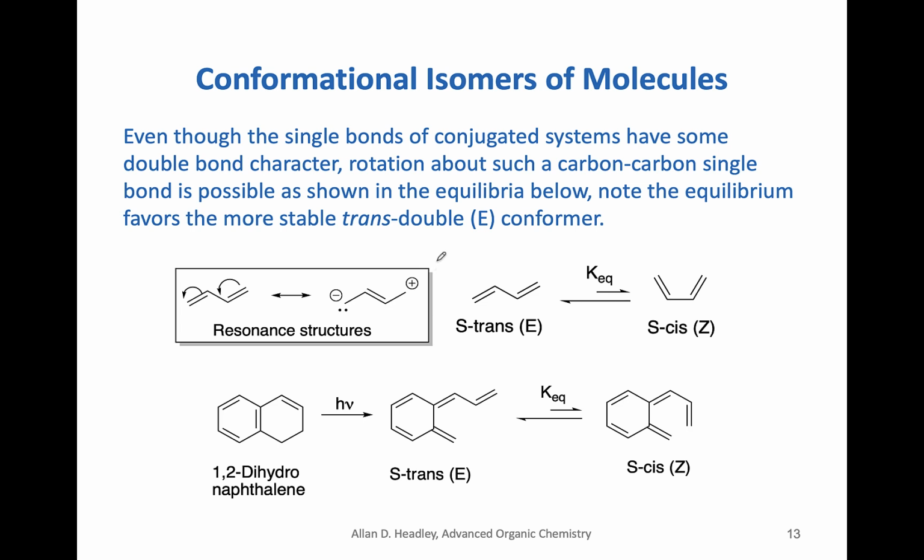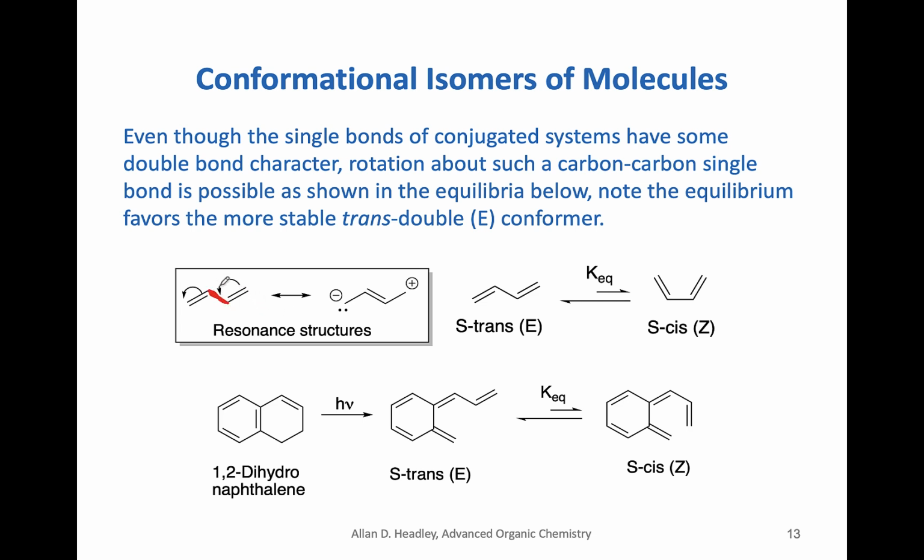Okay, let's look here at conformational isomers, where there is a little more difficulty in the rotation. So let's look at this conjugated system here. You would expect rotation to occur right here, relatively easy because that's a single bond.